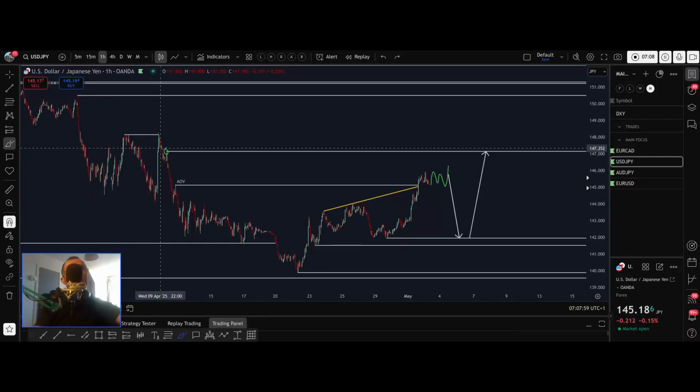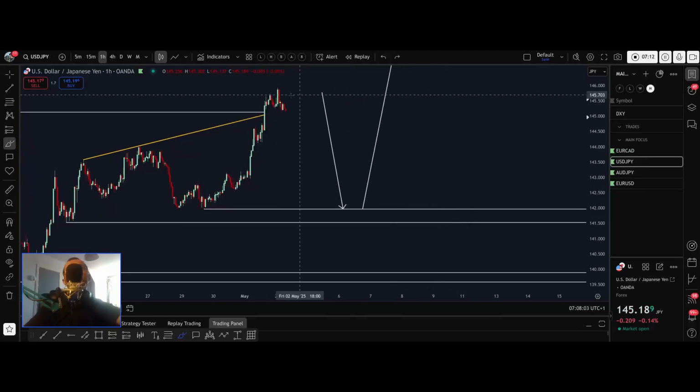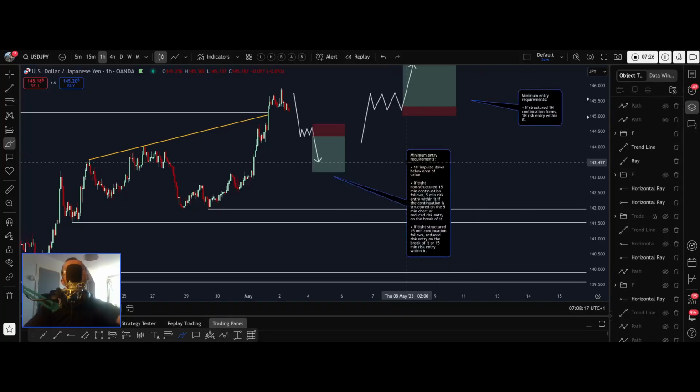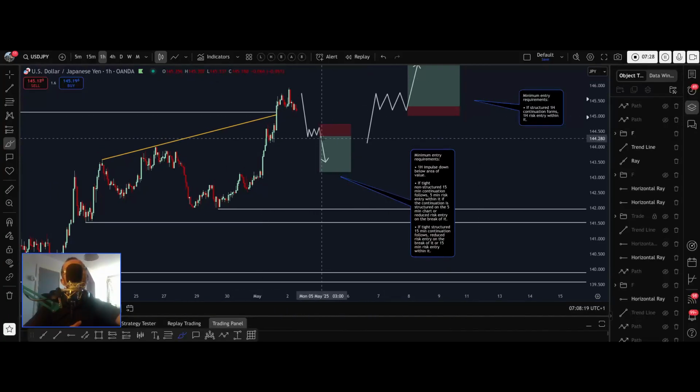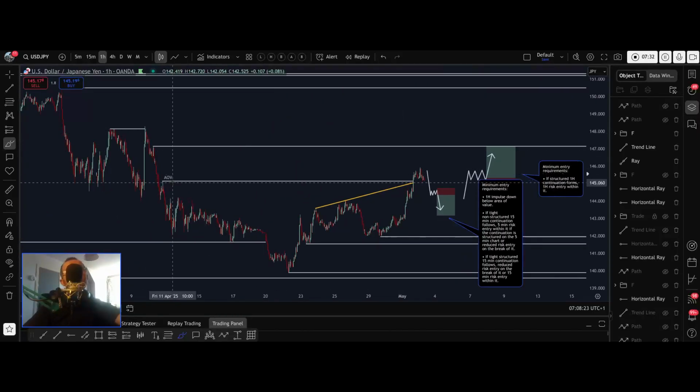Okay, so what I'll be looking for is I'll be neutral on this. You can see at the moment we're correctively moving down, so it could be that sideways correction and then the move to the upside. But all this would take is one candle to just drop out and to give us something like this. Okay, so if we get a push down, impulsive push down, that's suggesting that price found liquidity here.